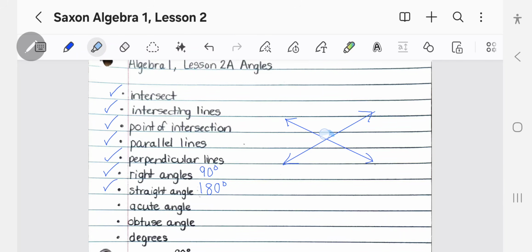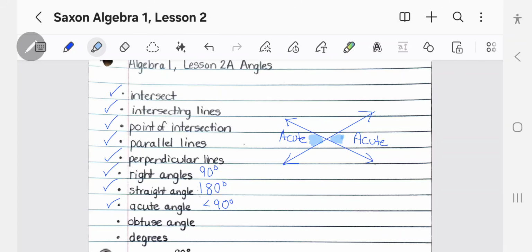If you look at this angle right here, you can see it's bigger than the corner of your piece of paper, the corner of a square. So an acute angle is going to be less than 90 degrees. So it's going to be this angle here. That is an acute angle. And straight across from it, here, is also an acute angle. Now we don't know the measurement, but we could measure it with a protractor, and it would be less than 90 degrees. We can see that visually.